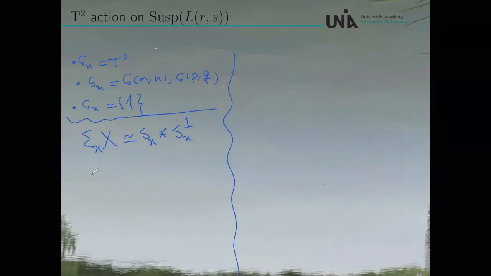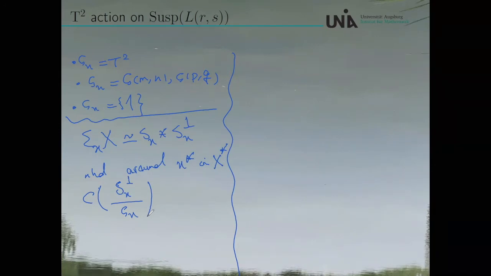And then if we use the slice theorem, we see that a neighborhood around a point x star in the orbit space is the cone over Sx perp mod Gx. And again, we have a classification of Gx on the Alexandrov spaces that we know.